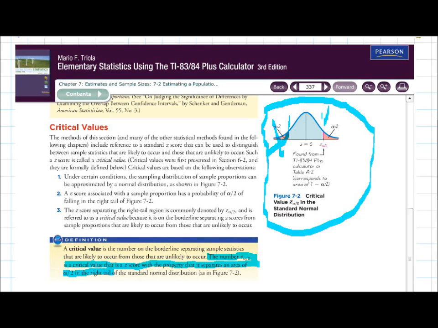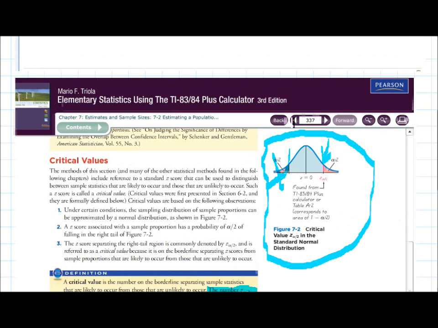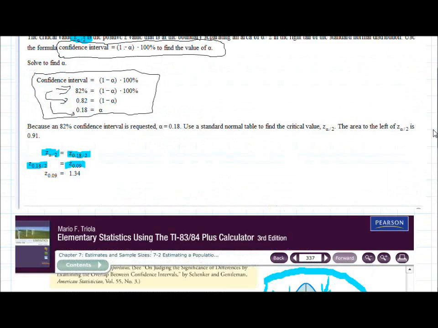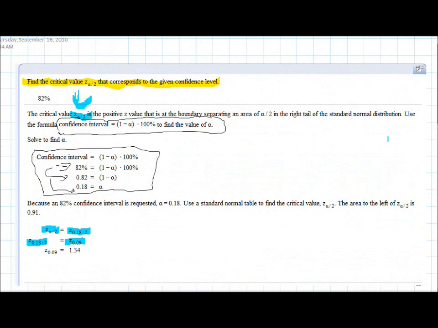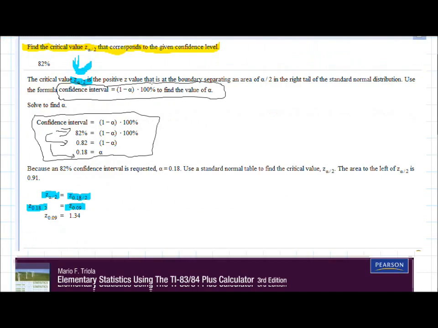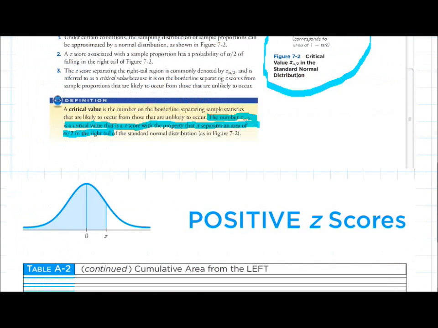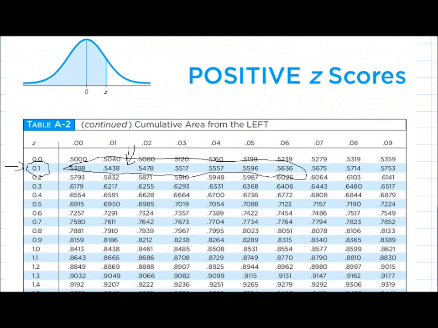Okay. So let's go back up here for a second. And once again, we've got z 0.09. And it's supposed to come up with 1.34. Well, there's two ways to do this. The first way is you go to the table, and we're looking at, excuse me, let me go back here.